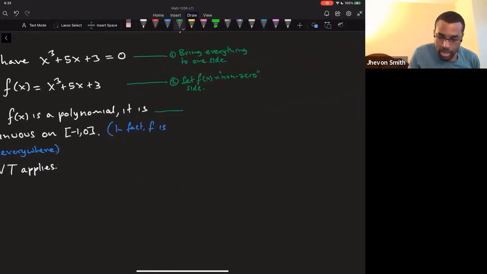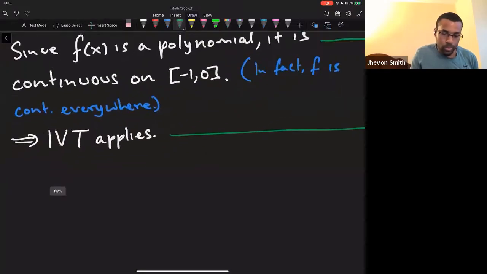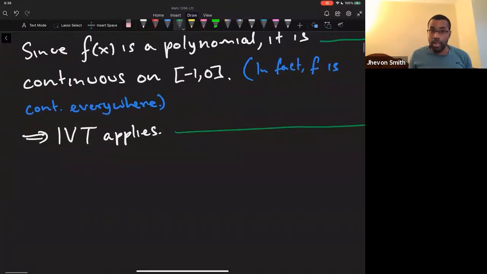This is something I would expect to see if you're writing it out. Okay. So the intermediate value theorem applies.